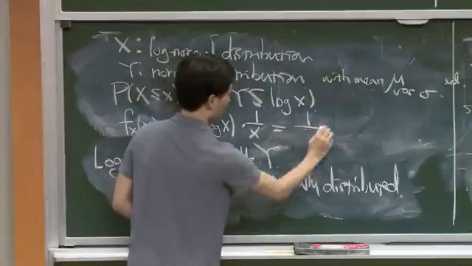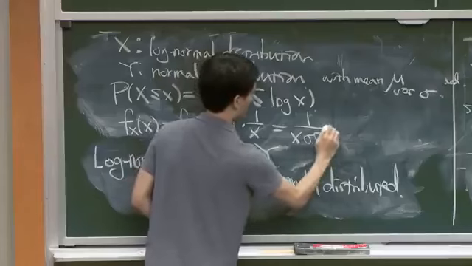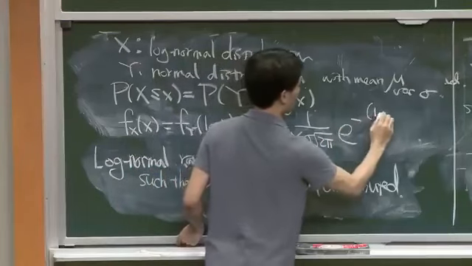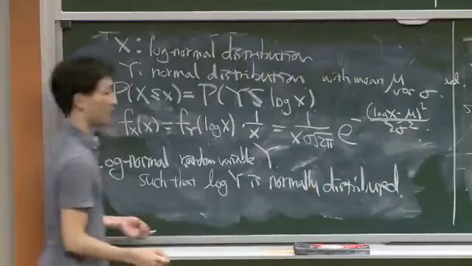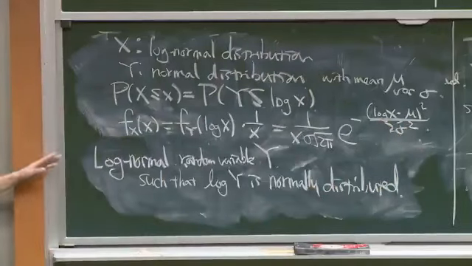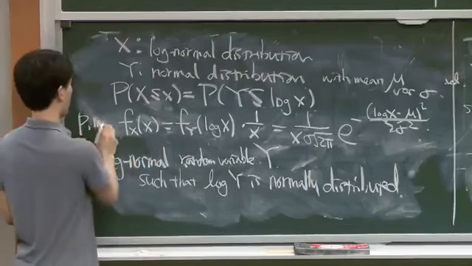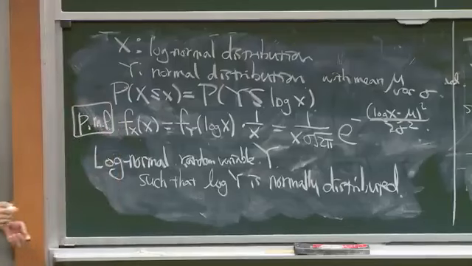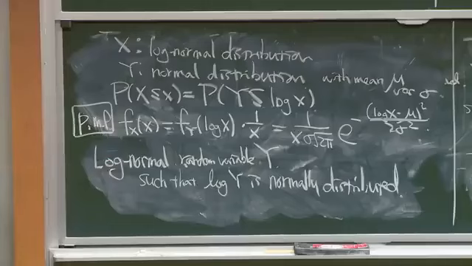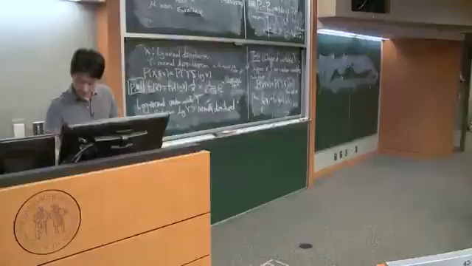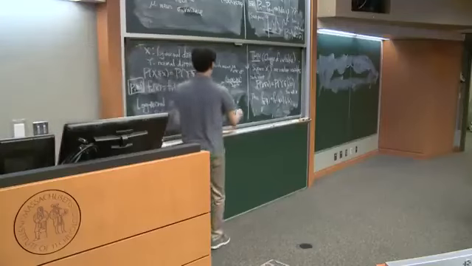So it becomes 1 over x sigma square root 2 pi times e to the minus (log x minus mu) squared over 2 sigma squared. So the log normal distribution can also be defined as a distribution which has this probability density function. You can use either definition. Let me just make sure that I didn't mess up in the middle. Yes. And that only works for x greater than 0.